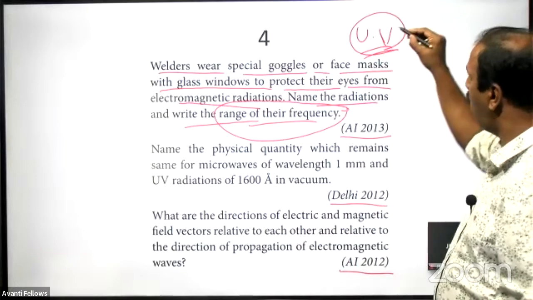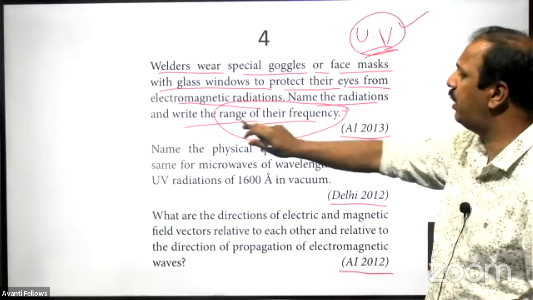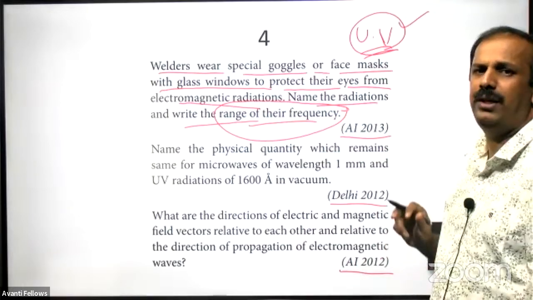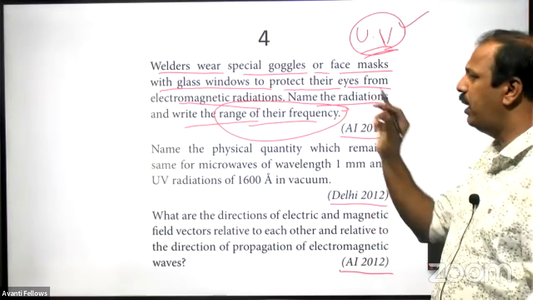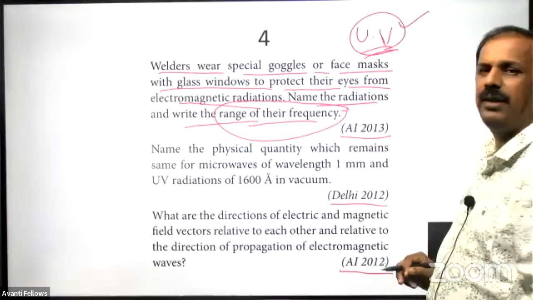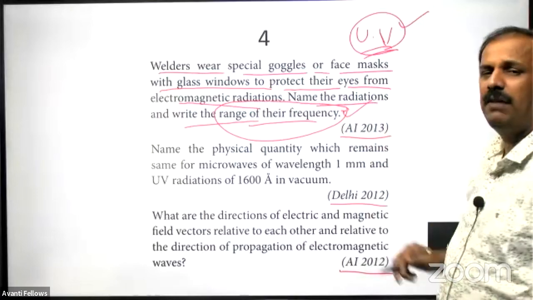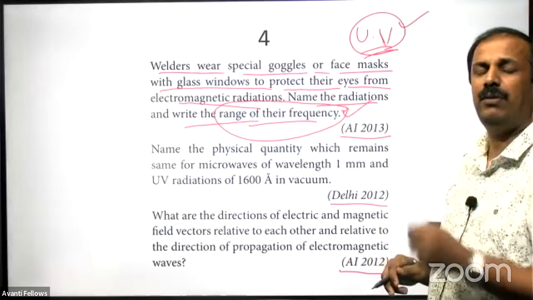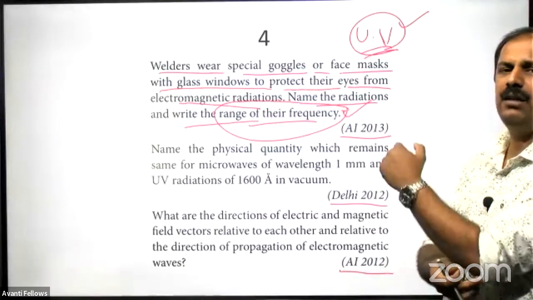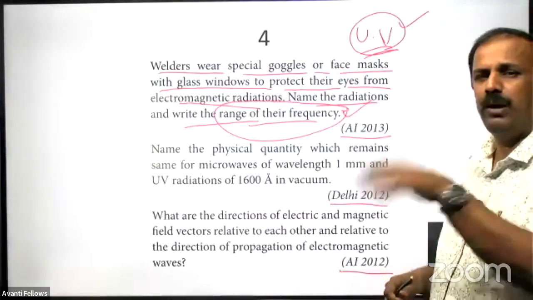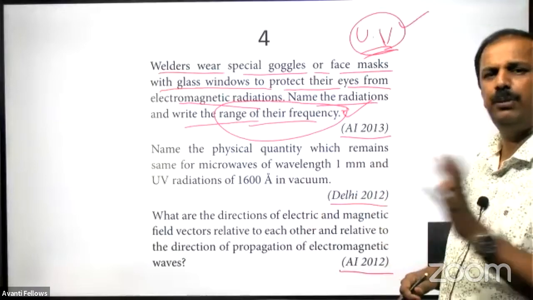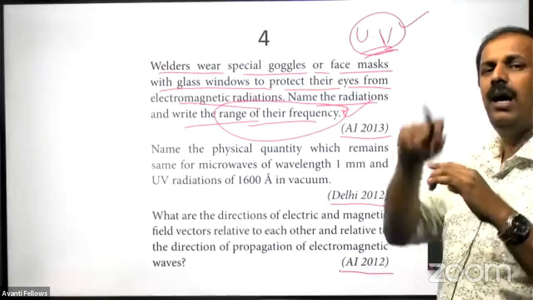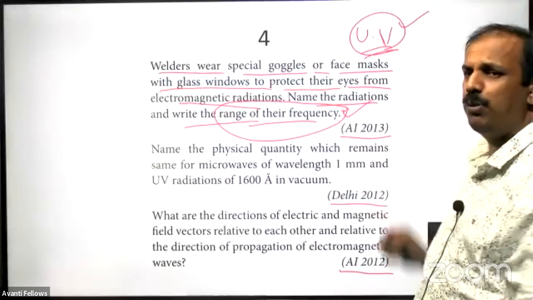After identifying UV radiation, they are asking the range of its frequency. You have to study almost in which range it is coming. When a frequency range is given, take the power of 10 into account. The exact value, whether you write 2.3 into 10 to the power something or 2 into 10 to the power something, doesn't make any difference. But that power of 10, that range, should be correct.